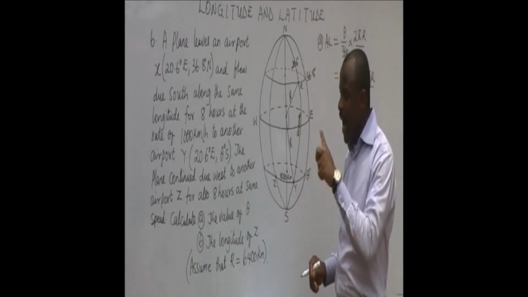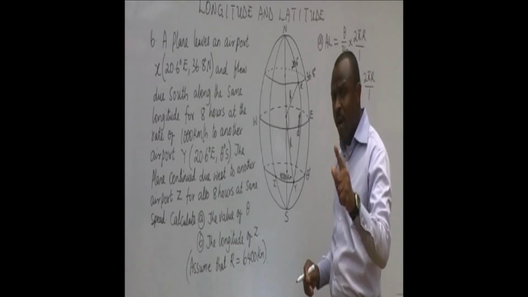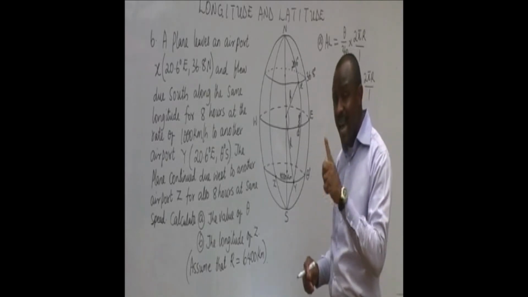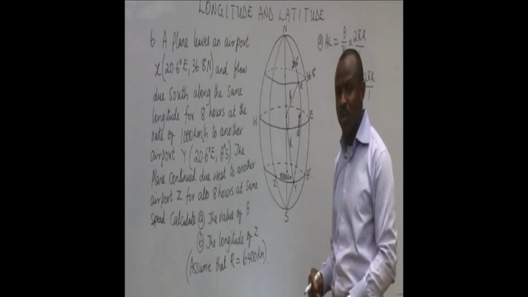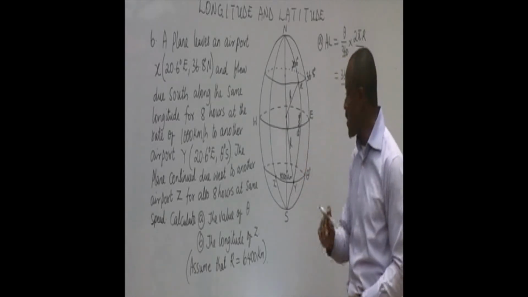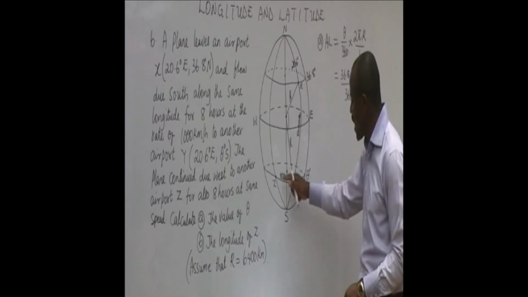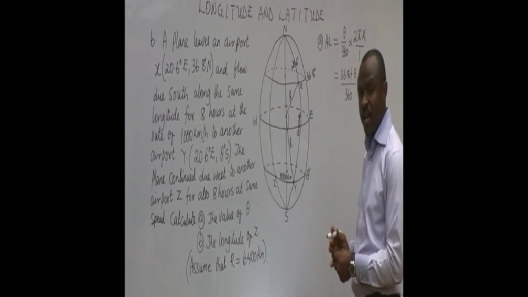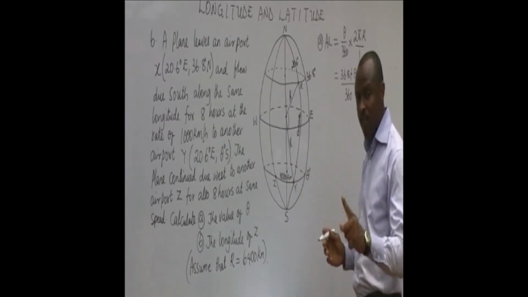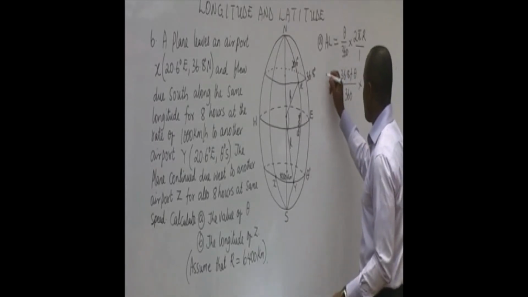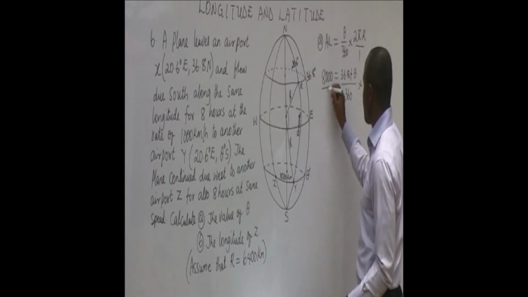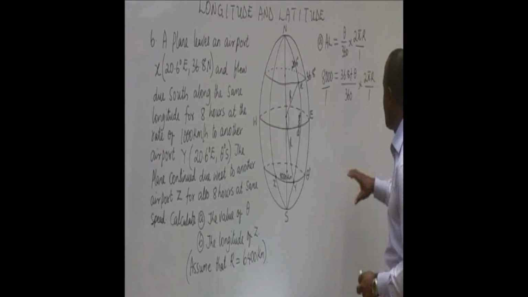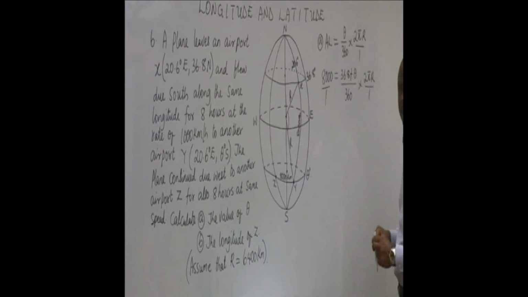If every 1 hour the aeroplane covers 1000 kilometers, that means in 8 hours it will cover 8 times 1000 kilometers, which will give you 8000 kilometers. And that was why I've written 8000 kilometers on the 2 arcs it's covered. So what you have here is equal to 8000 all over 1. By the time you do this arithmetic, you find the value of theta.